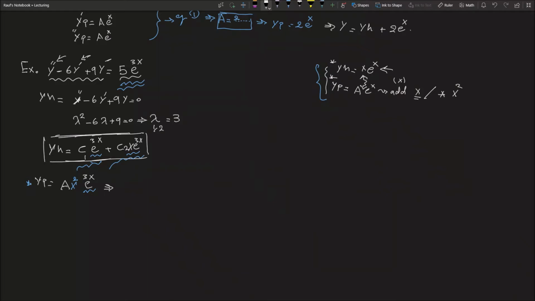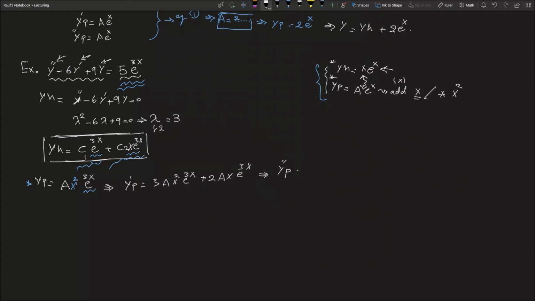First derivative, and we already have the y. So let's do y prime particular. That will give us 3a x squared e to the power of 3x plus 2 multiplied by a multiplied by x e to the power of 3x. Okay, how about y double prime?